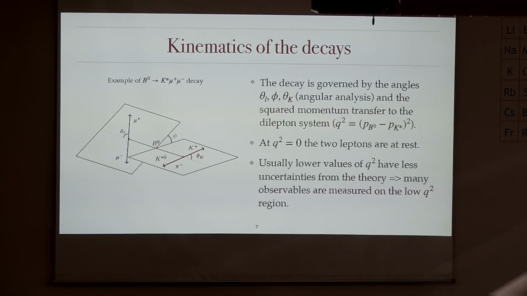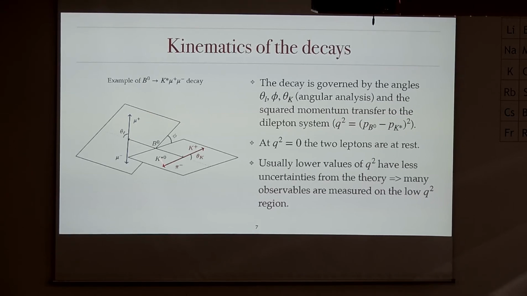So you have the dilepton system that comes from the W, and then the meson, the K star. If you put yourself in the reference frame of the B0, those things go back to back. Then you put yourself in the reference system of the Z, and then the two muons decay back to back, and then the same thing with the daughters of the K star. So here you have several angles and several planes describing this decay.